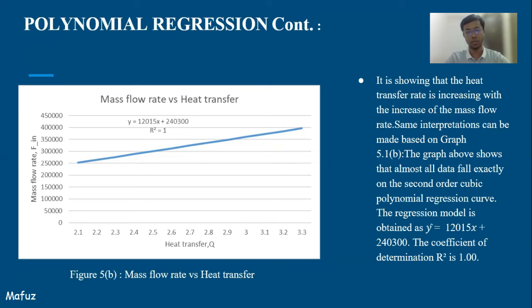The previous one was quadratic, and this one is cubic regression, and the equation, as you can see, y equal to the equation, and the coefficient of determination R square equal to 1. So from this value we know that the relationship between the mass flow rate and the heat transfer rate is modeled by the polynomial regression model.